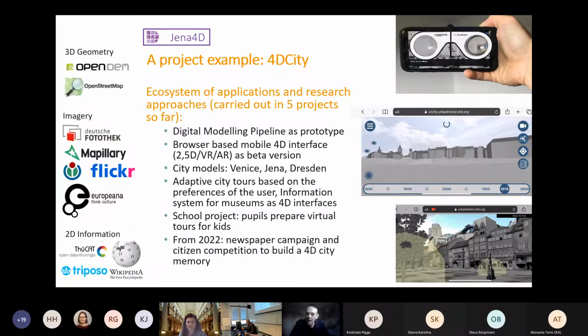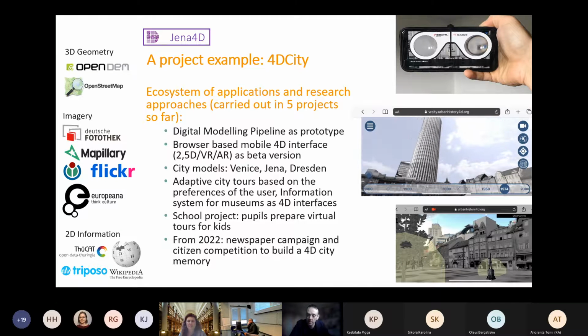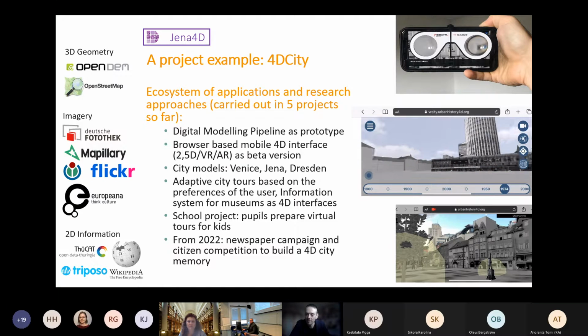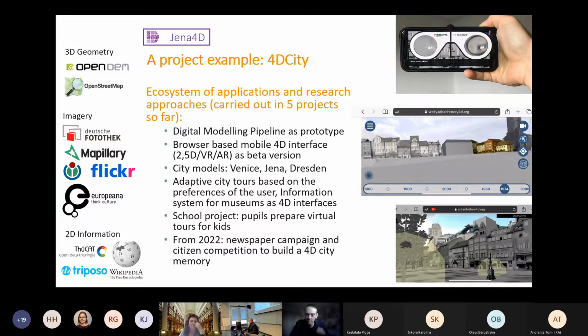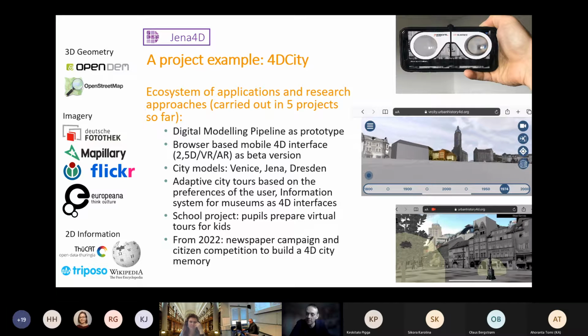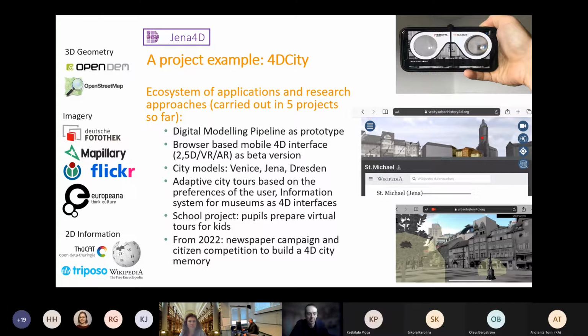We are also working on city tours and city walks. For instance, we are working with schools to enable pupils to create virtual city tours for kids worldwide, presenting their history and their historical city.